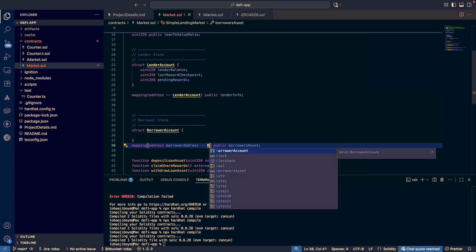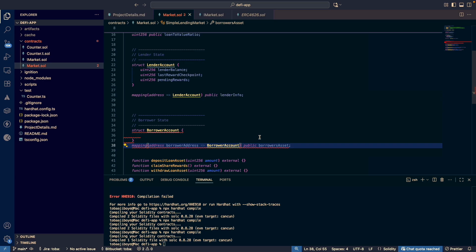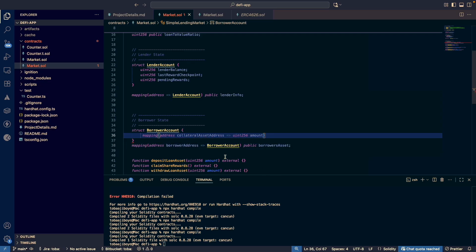So that this becomes borrower account, okay? Internal or recursive type not allowed. I'm going to see what it means for that. Good. Oh, sorry.